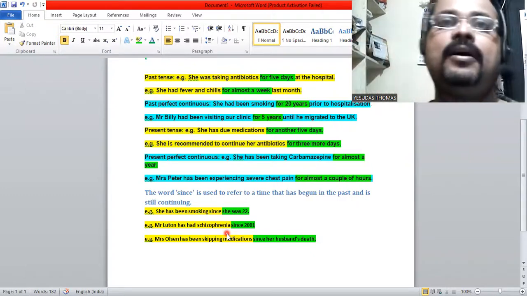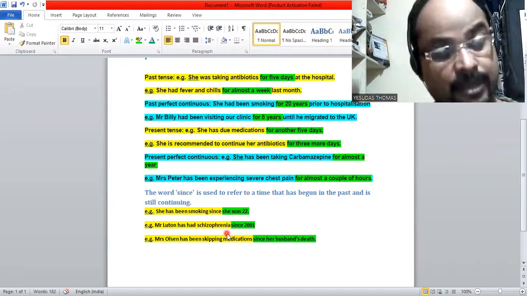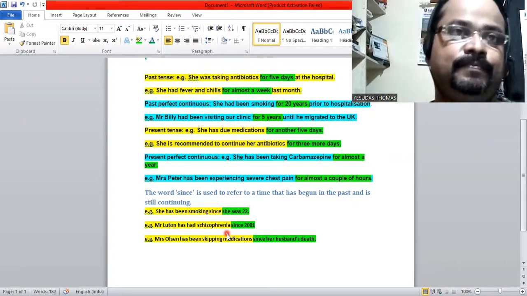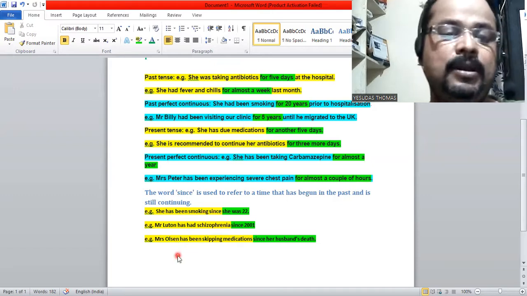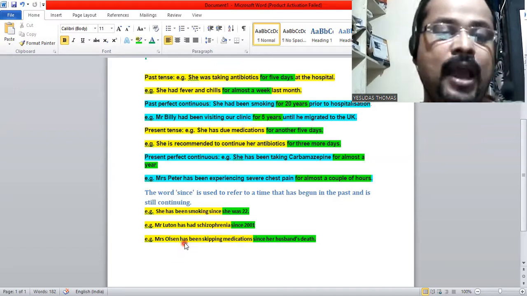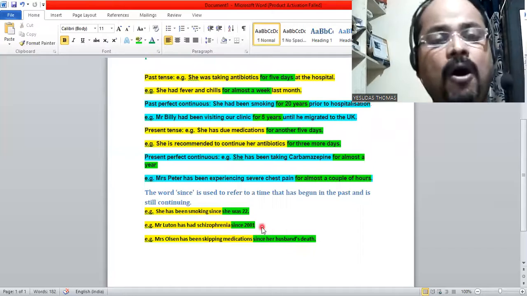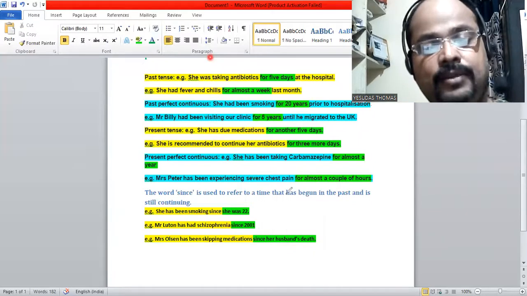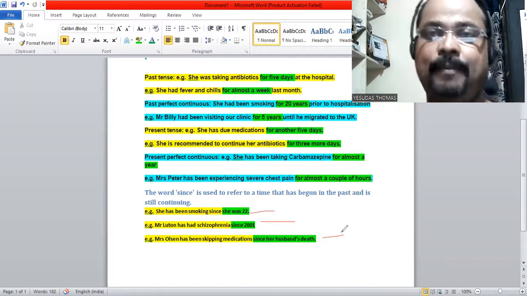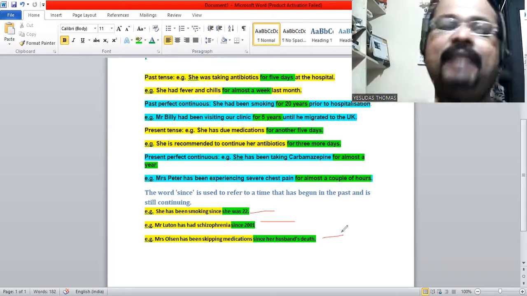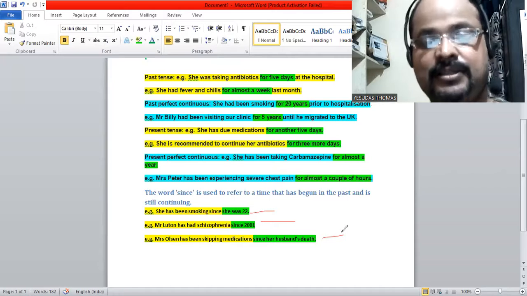From that year till now, he has schizophrenia. It's there. Now the last example. Miss Orson has been skipping medication since her husband's death. All these three things represent a point of time, a specific time frame. So that's what the difference is.